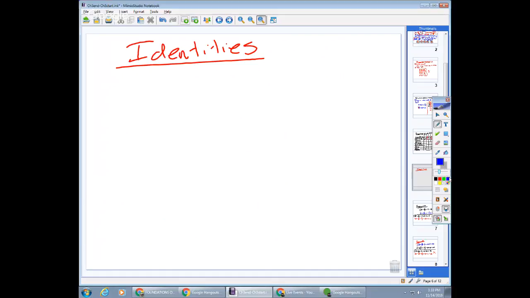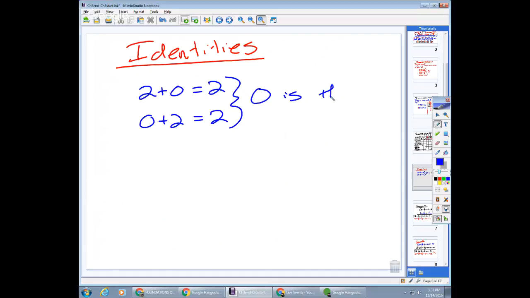So 2 plus 0 is 2. 0 allowed 2 to keep its identity. Also, 0 plus 2 is 2. Doesn't matter how I apply the identity. Okay, so this together means that 0 is called the additive identity.